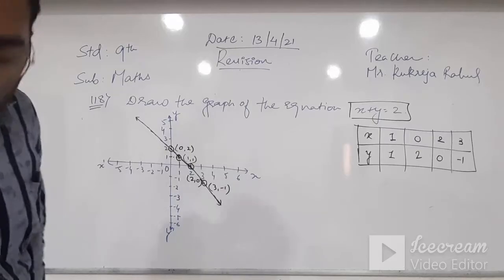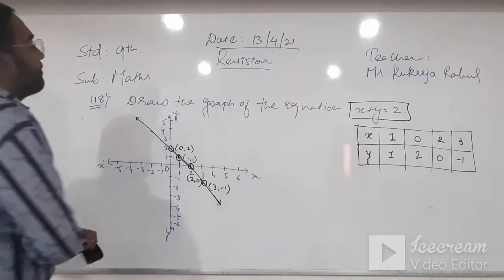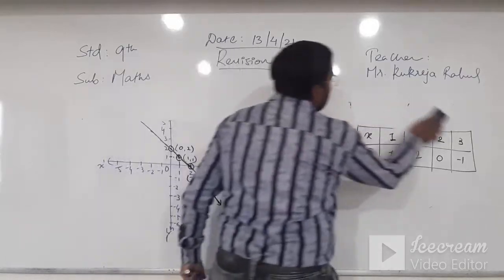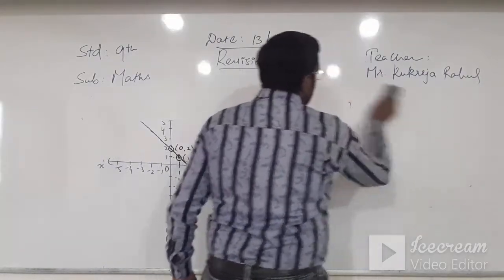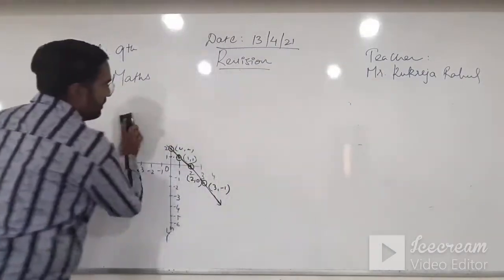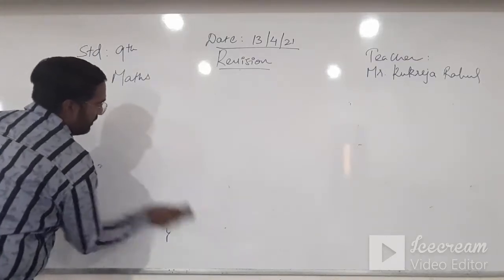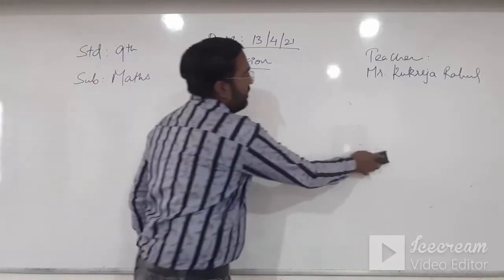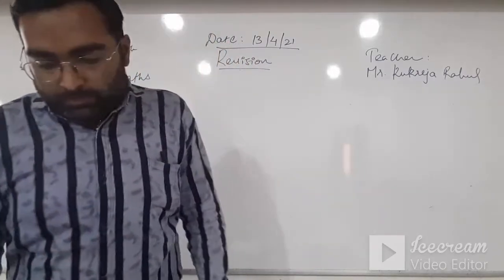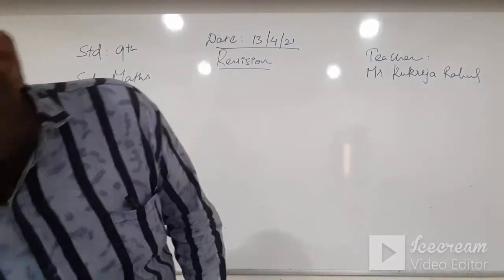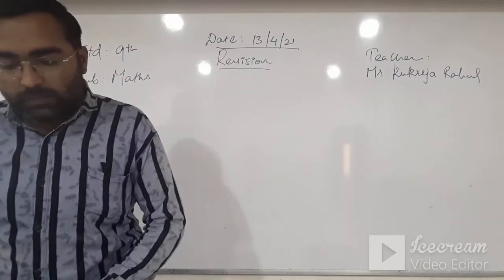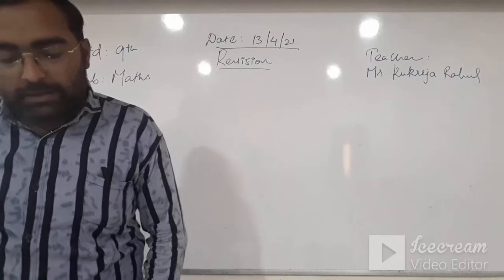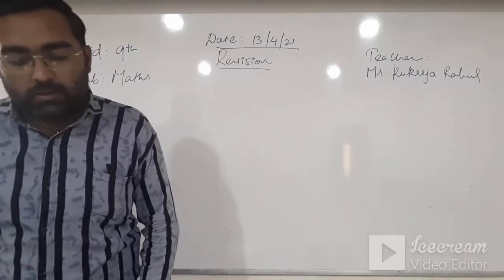Clear? Now next is the question. Next question is: write any two Euclid's axioms.